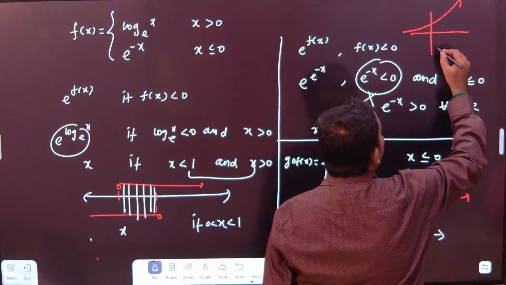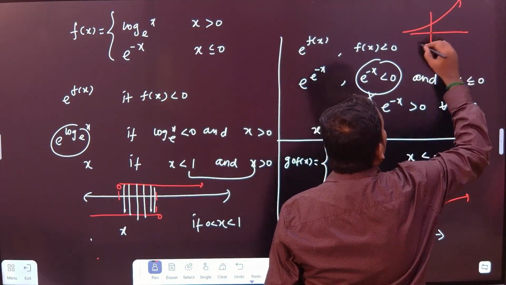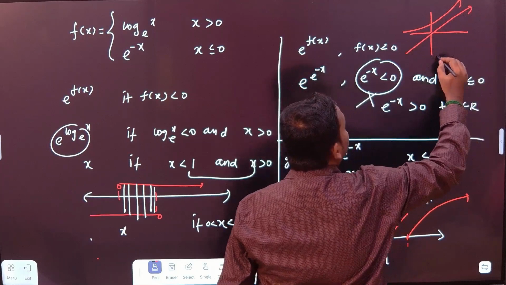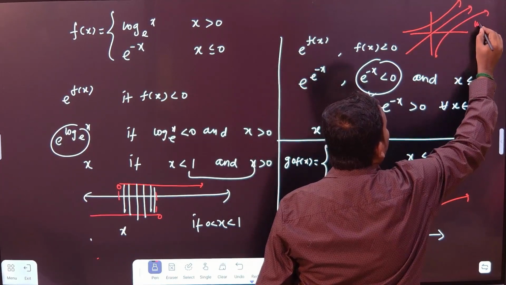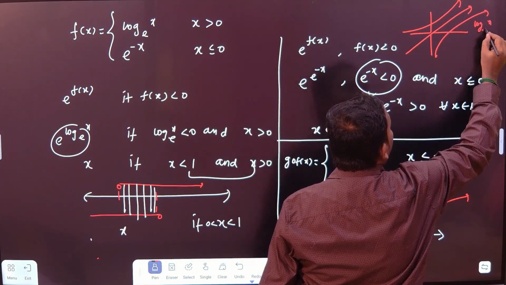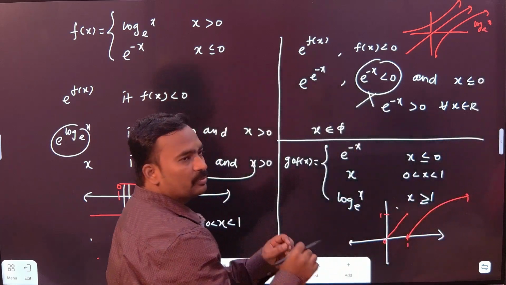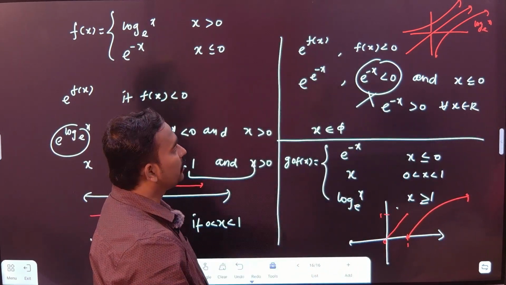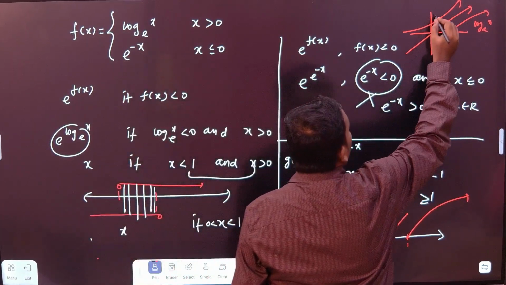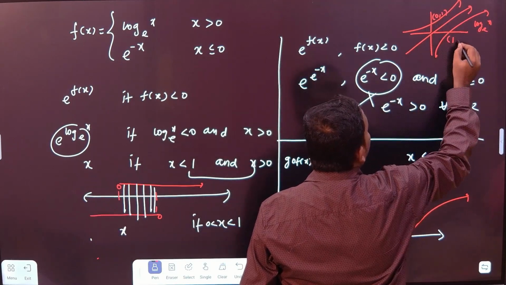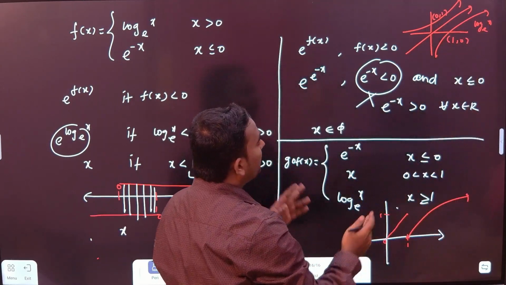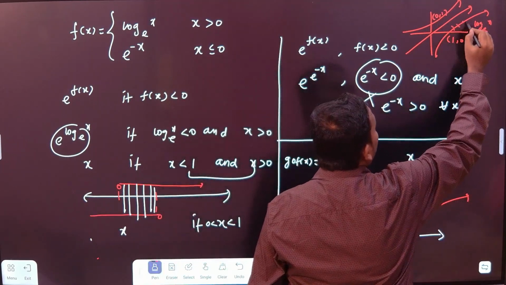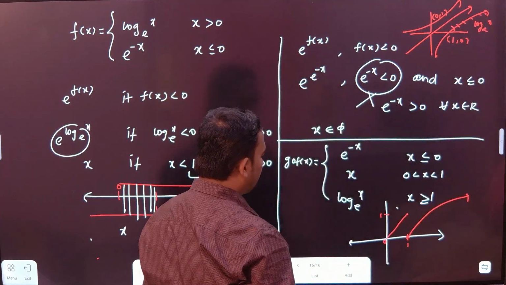When y is equal to x, you take the mirror image. This is your log x graph, the basic log x graph, passing through 1, 0. We need x more than 1, so we need this portion only. This is the graph of that.